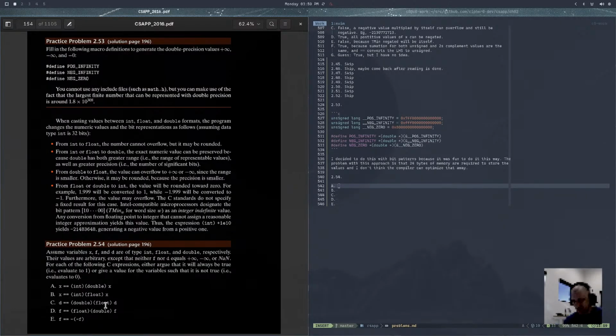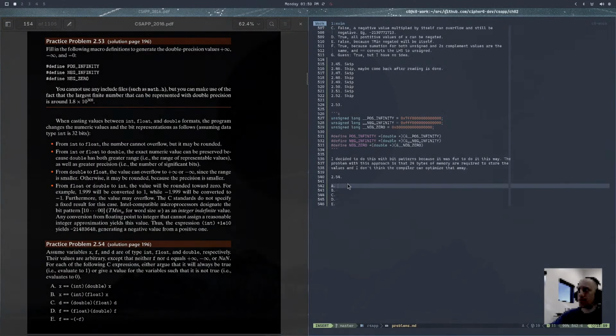So we go from an integer to a double back to an integer. I'm going to say true. True, no rounding. No chance of overflow. No loss. Yeah, I'll just say no rounding, no chance of overflow.